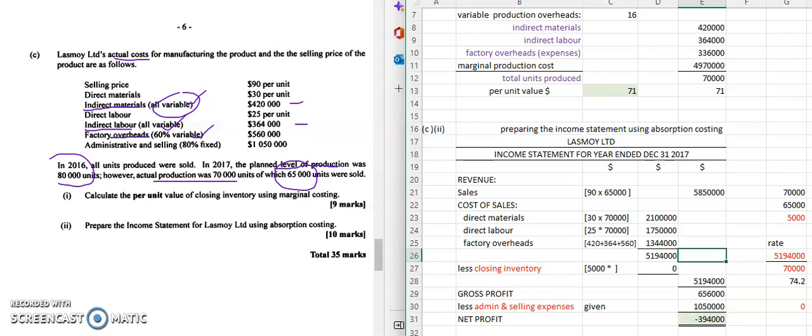So therefore, first of all, that closing stock is we had 70 and we sold 65, so we're left with 5,000. So the 5,000 is here, and now we need the rate. So take the 5,194,000 divided by the number of units produced, as you did here just now, and you get 74.2.